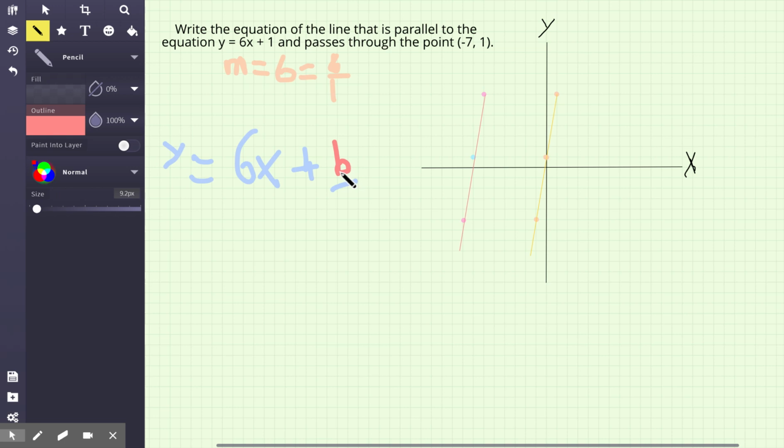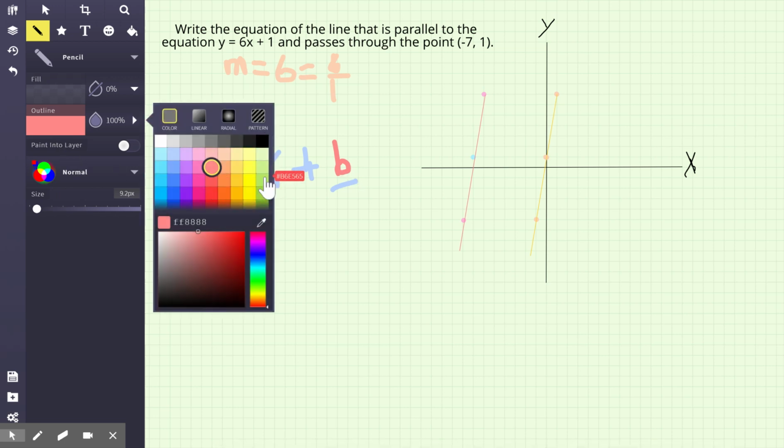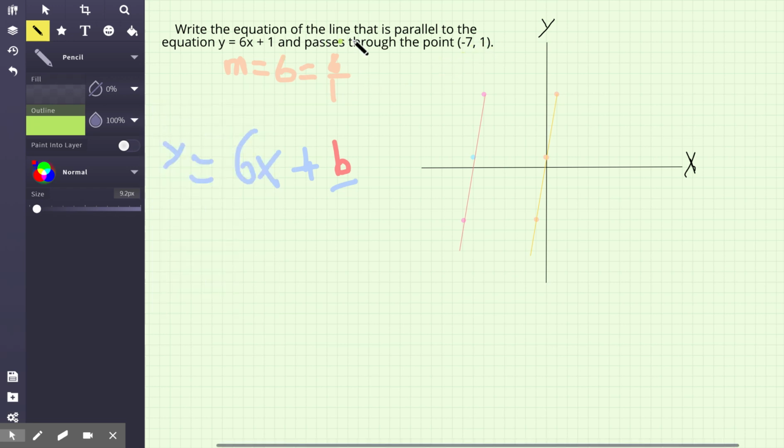We need to solve for b now. I can use the point -7,1 in my new equation. My 1 is my y, so I'd plug 1 in for y equals 6 times x.